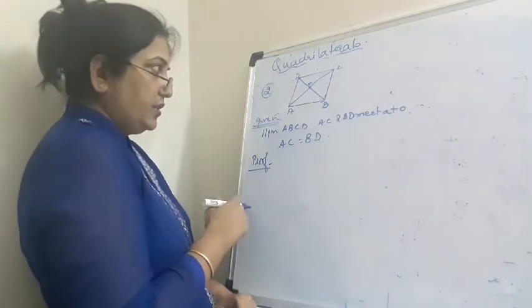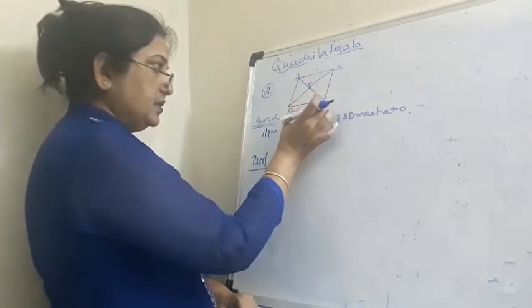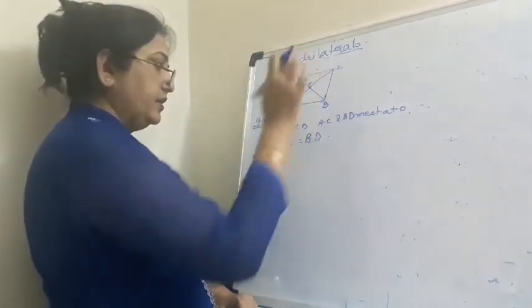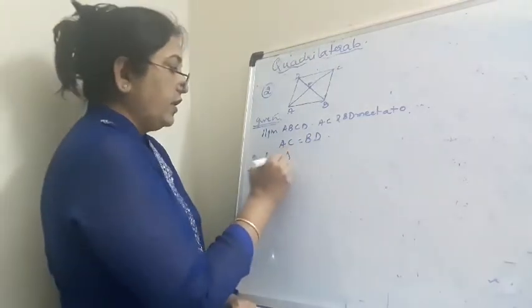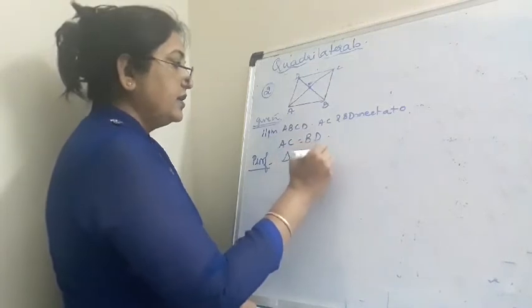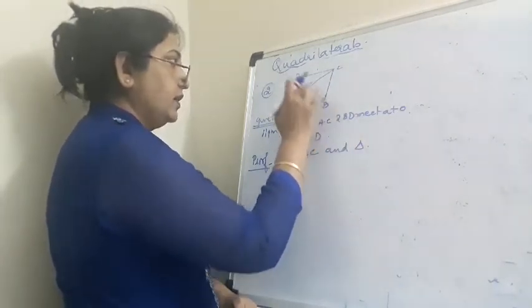Which conditions can we take? Opposite sides and the diagonals are equal, and yes, okay. So let us take triangle ABC and triangle DBC.